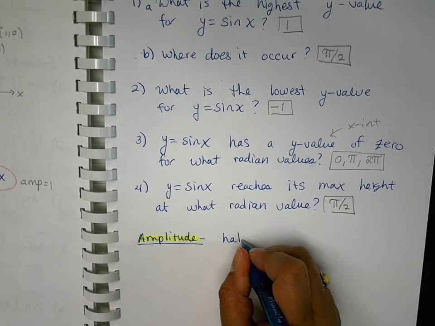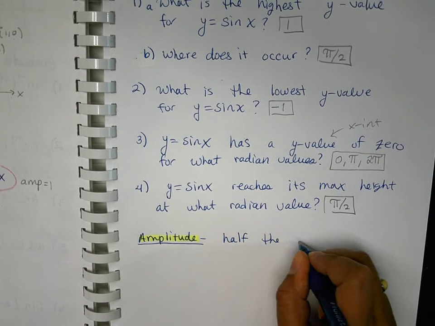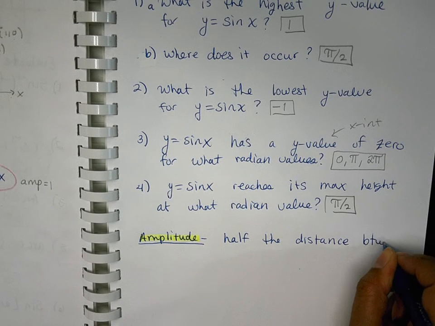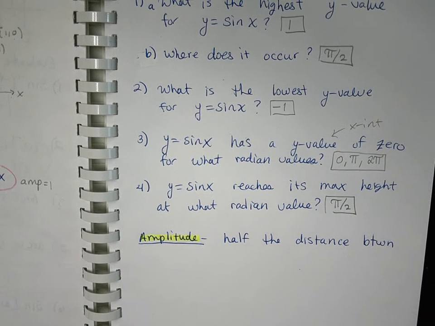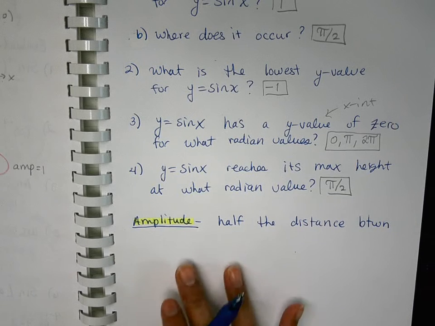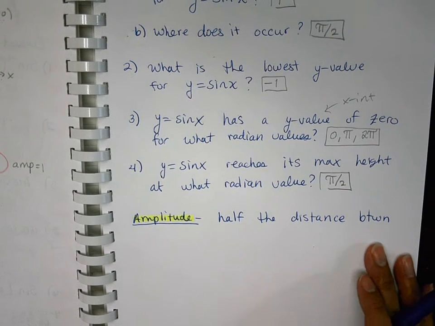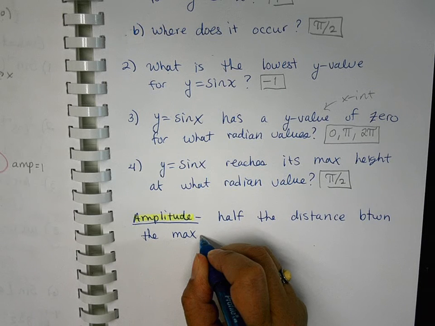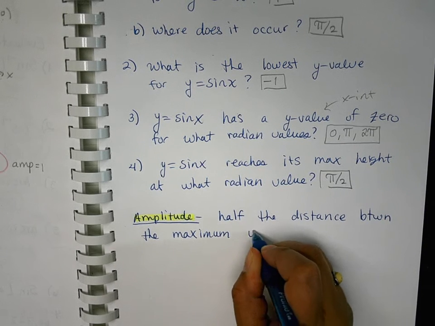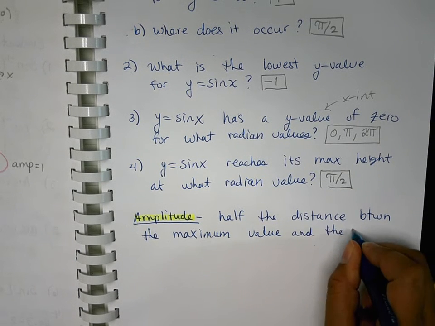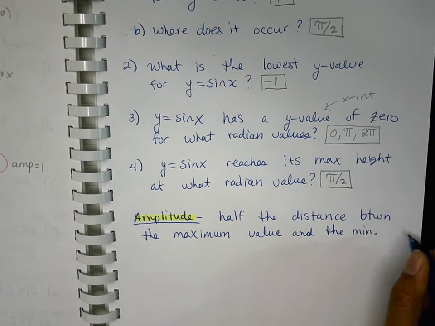It is half the distance between the maximum value and the minimum value. Amplitude is half the distance between the maximum value and the minimum value.